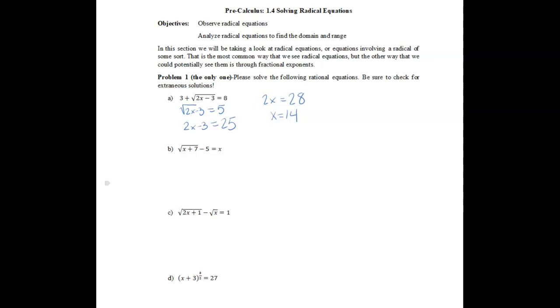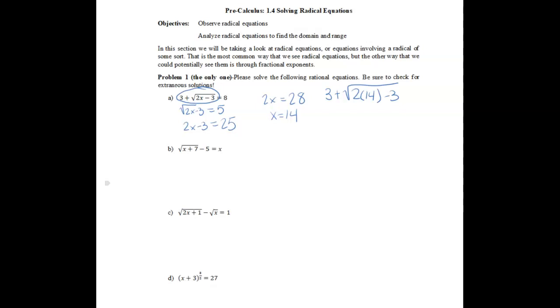Alright, so now I'm going to go back and see, hey, does this solution actually work? I'm going to look at my side with my x's only, and I'm going to plug in x is equal to 14. So 3 plus the square root of 2 times 14 minus 3. That's all I'm looking at.